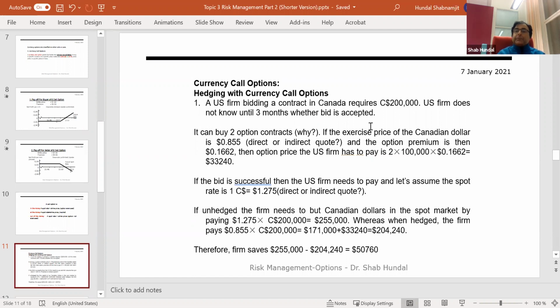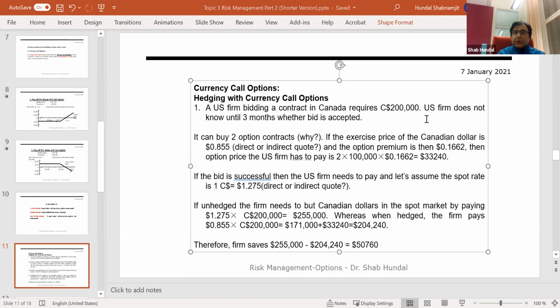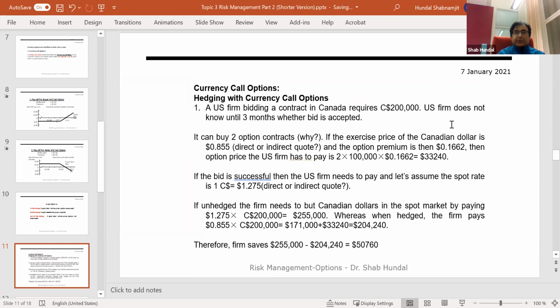Bid means to buy. And the price of this factory or the project is 200,000 Canadian dollars. And when you bid, you have an anonymous bid. You don't know until the next 3 months if the bid is accepted or not.